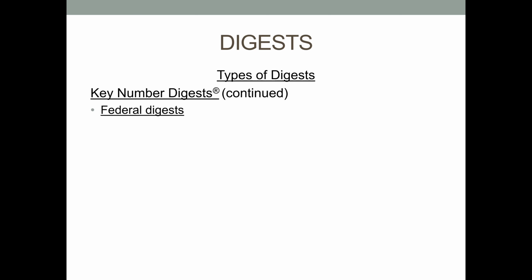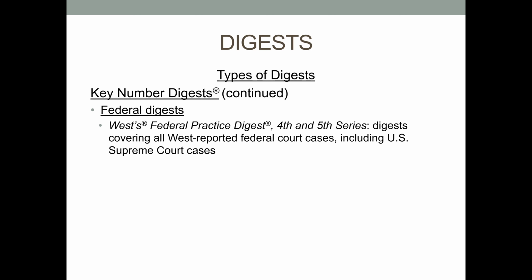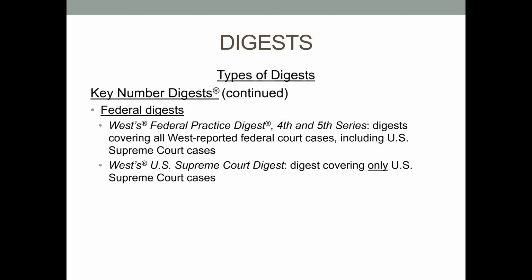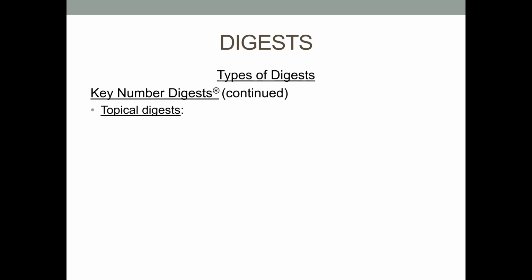Now, there are also West digests that are devoted solely to federal law, and that would be West's Federal Practice Digest. It has multiple series, such as the 4th and 5th series. It covers all published federal court cases, abstracts from them, including U.S. Supreme Court cases. There's also a digest that is exclusively dedicated to the headnotes or abstracts from U.S. Supreme Court cases, and that's West's U.S. Supreme Court Digest.